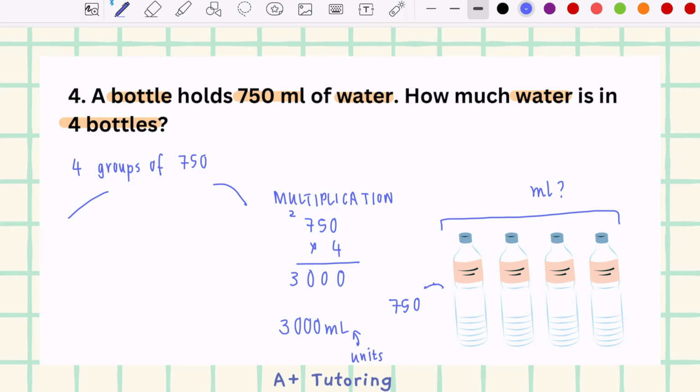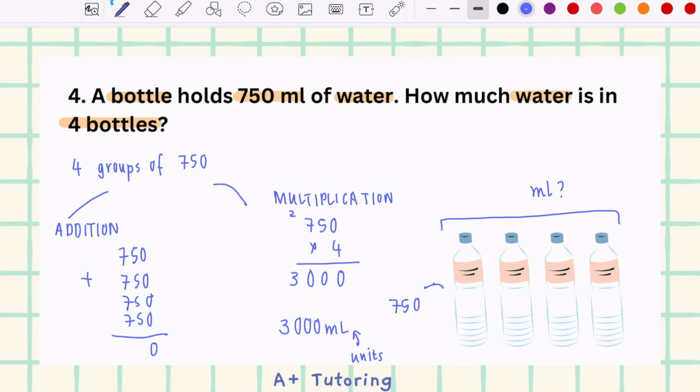Or the other way to do it is to do addition, right? So 4 groups of 750, same as adding 750 4 times, like this. So 0 plus 0 plus 0, like whenever you add zeros together, it's always going to be 0.